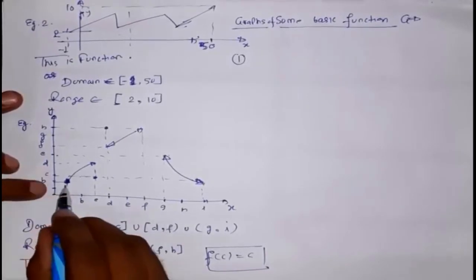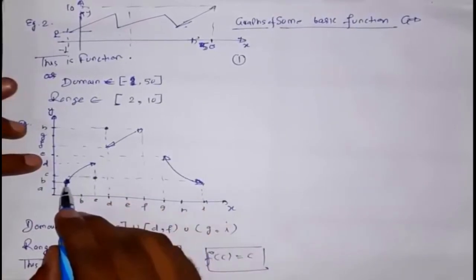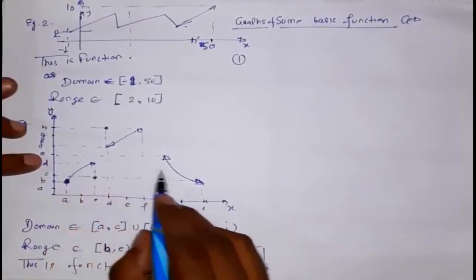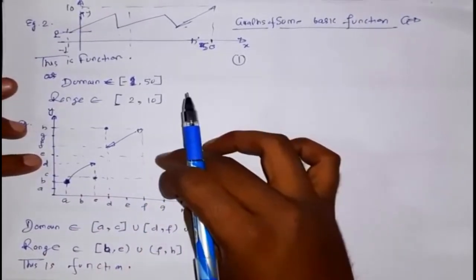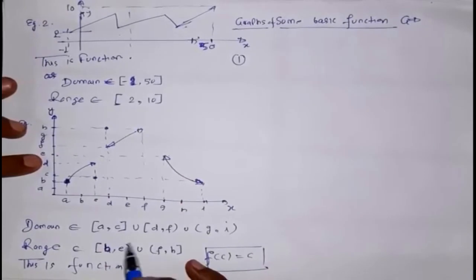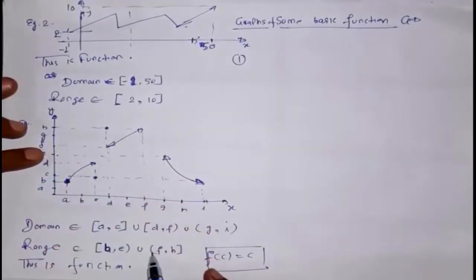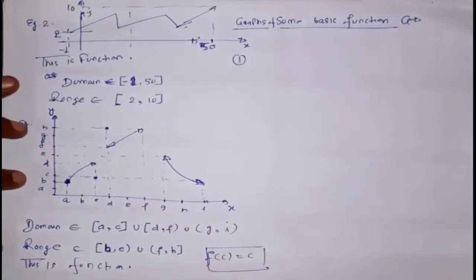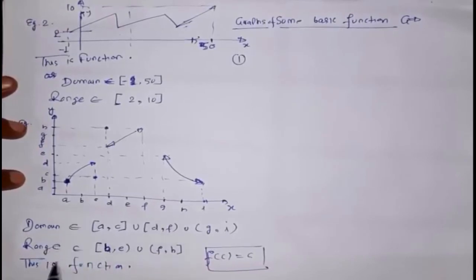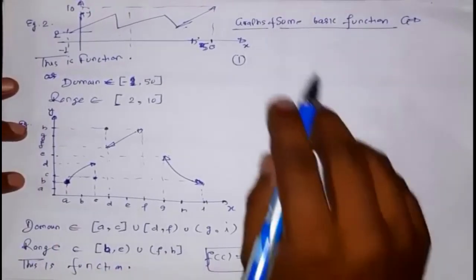Here it will be B to E. B is included, and E is included because this region is also covered by this part of the graph. Union F to H. F will not be included, so I have taken a small bracket at H. I hope it is clear to all of you. So we can easily say whether it is a function or a curve. We can say this is a function.